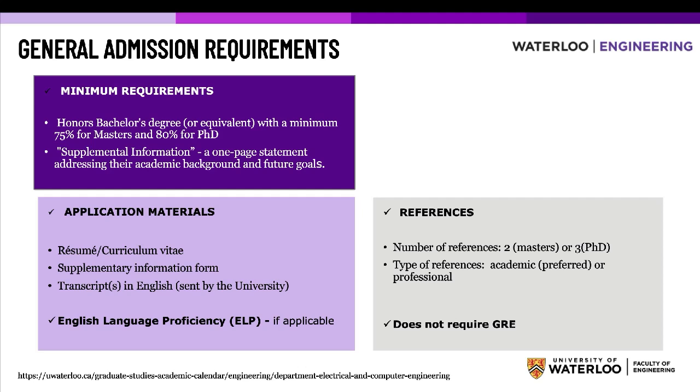We also require a supplemental information form. We require 2 references for the master's programs, 3 for the PhD programs. For the master's, you must include 1 academic reference. For the PhD, you must include 2 academic references.